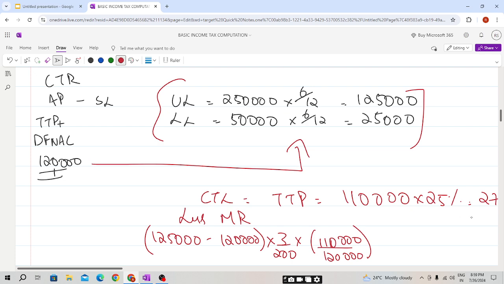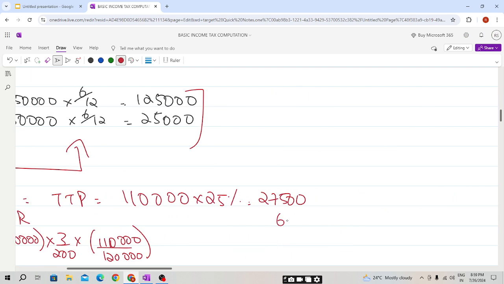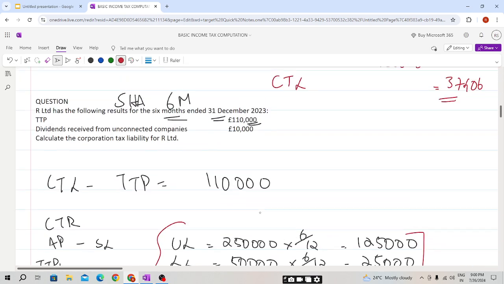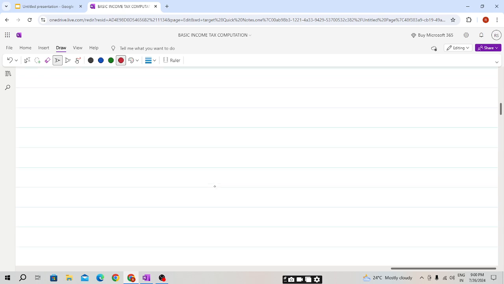We'll round it to 69. So the total corporation tax liability will be students 27,500 minus 69, it will be 27,431. I hope this point is clear.